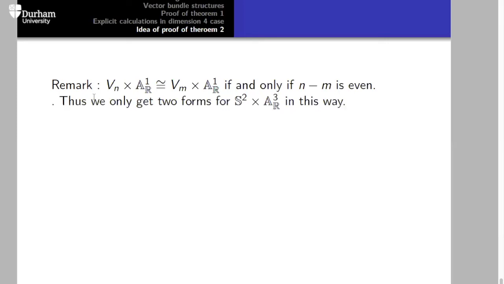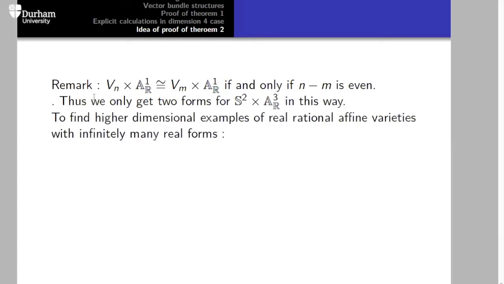We can only get two forms on S2 cross A3, or for any other higher dimension, if I try it by upping the rank. So what I have to do is go the other way and extend the base. So to find higher dimensional examples of real rational affine varieties, we do the following.